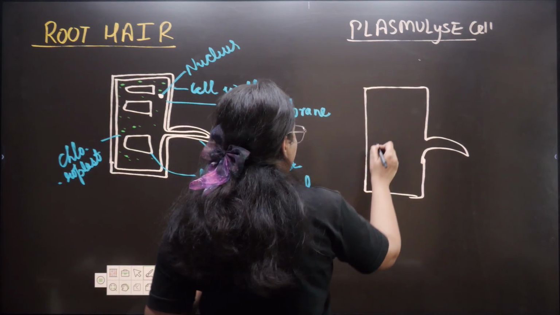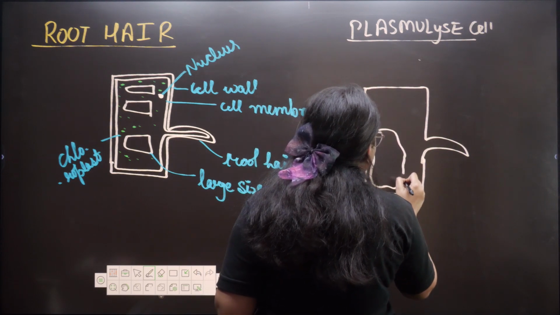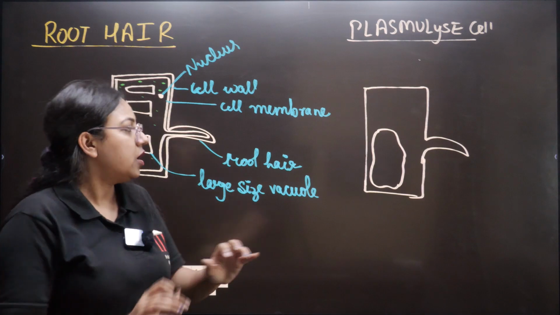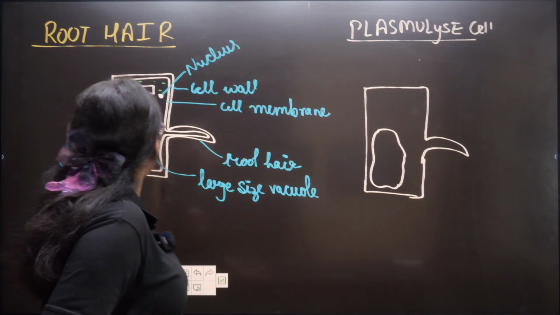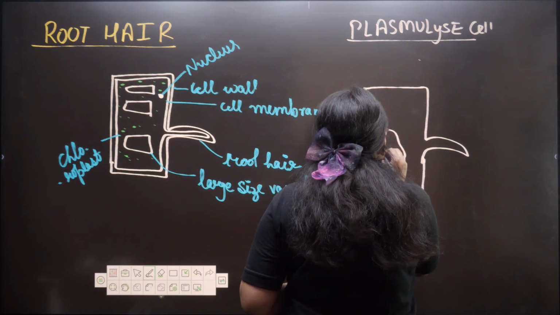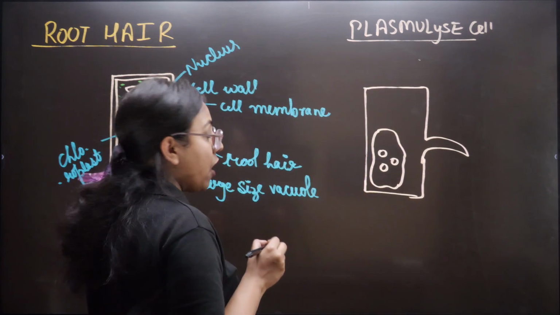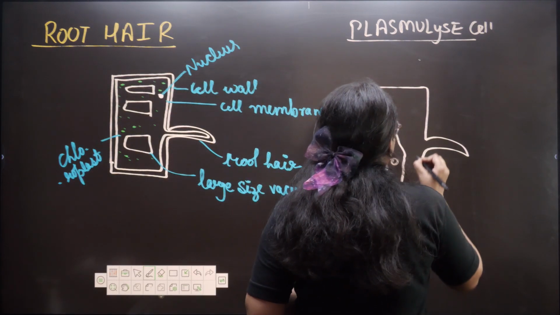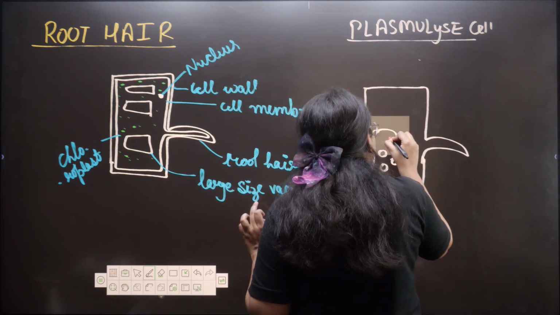Now we need to draw the cell membrane. Cell membrane will be shrunk, so it will come this way, and very, very less. See, earlier it was still here, but now it is here only. And then the vacuole will be very small in size. See, the vacuole was very large, but now it is very small. And then there will be a nucleus, very, very tiny.